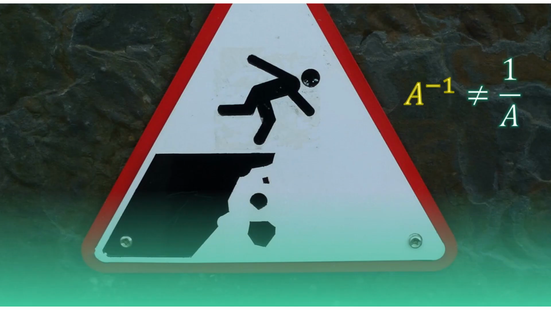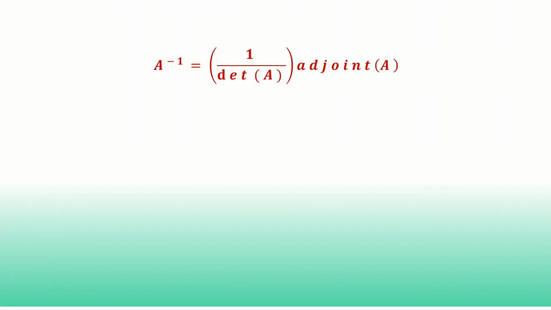But never confuse A inverse with 1 over A, because there is nothing like matrix division. However, the formula for the inverse of the matrix is given by 1 divided by the determinant of A multiplied by the adjoint of A, which is again a matrix itself.